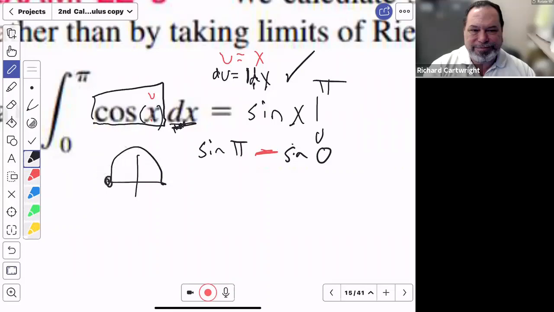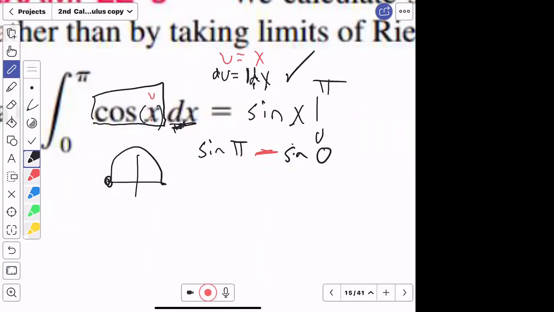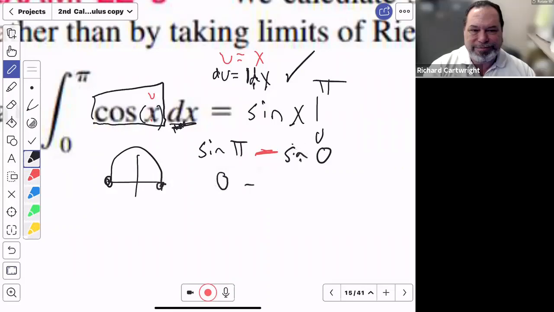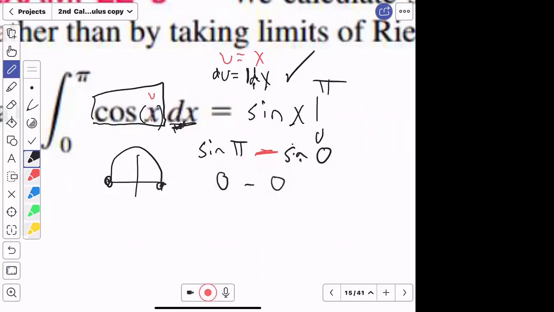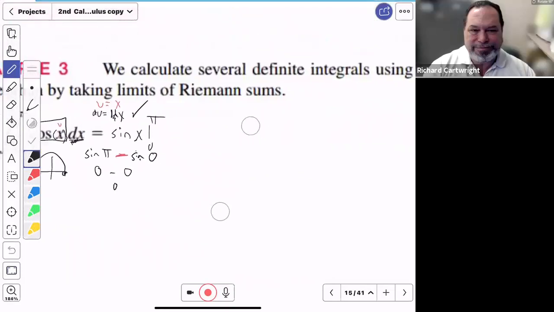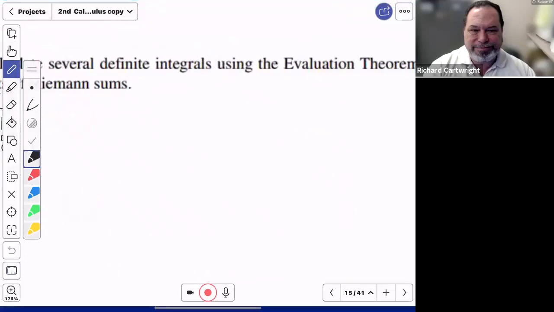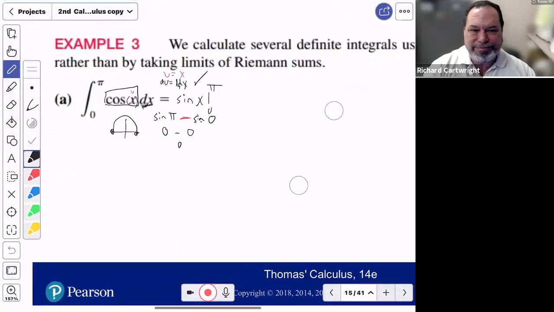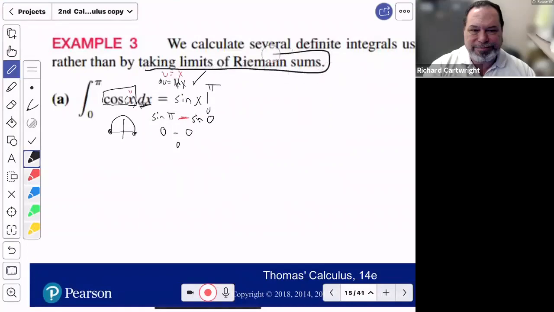What's the sine of pi? 0. Minus, what's the sine of 0? 0. I don't remember this answer. Anyway, 0. We calculate definite integrals using the evaluation theorem rather than taking limits of the sums. I hope that answer is 0.